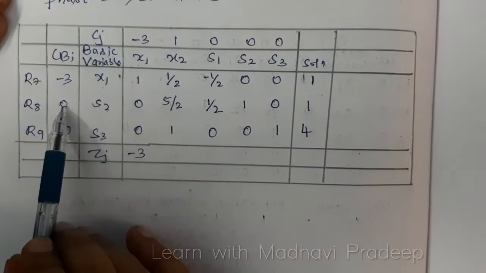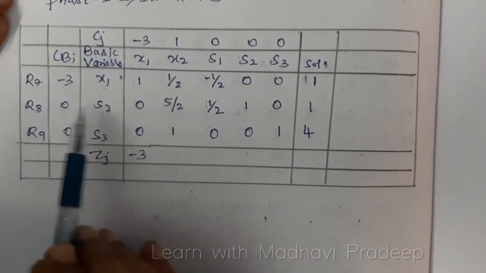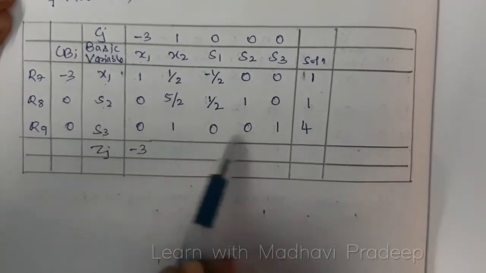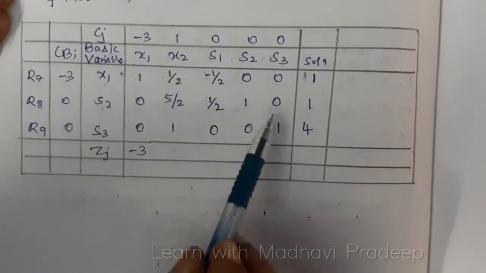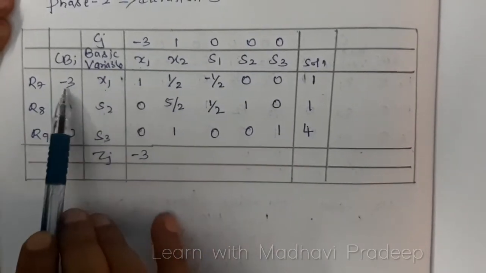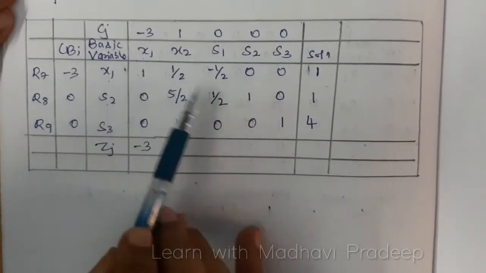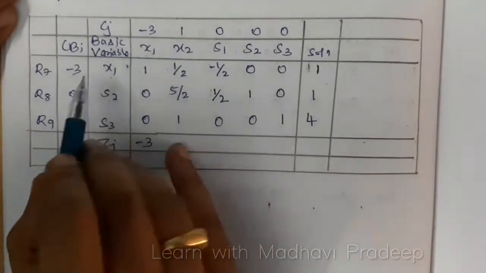Here the two values for s2, s3 are 0, 0. So when you multiply this 0 with this row and this 0 with this row, you will get 0 only. So only this value will remain, minus 3. This value multiplied with the first row, you will get the new value. Just multiply and write down.